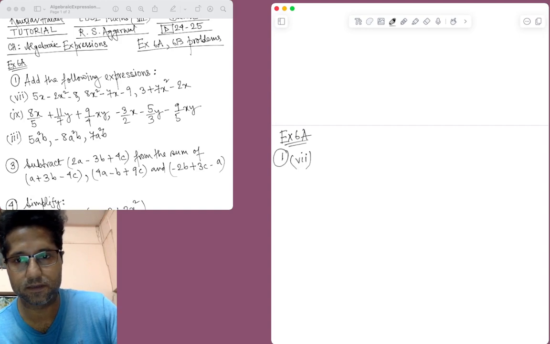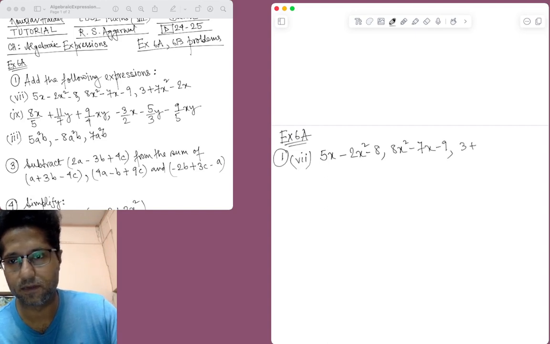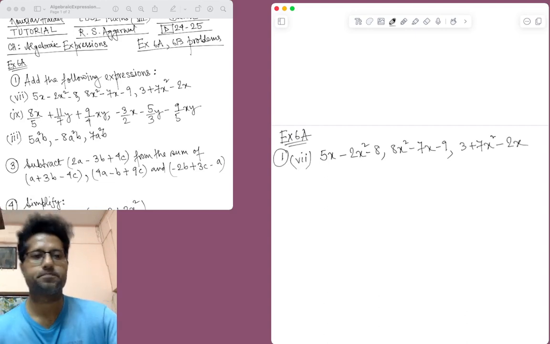So the first one is 5x minus 2x square minus x minus 8, then 8x square minus 7x minus 9, and then 3 plus 7x square minus 2x.